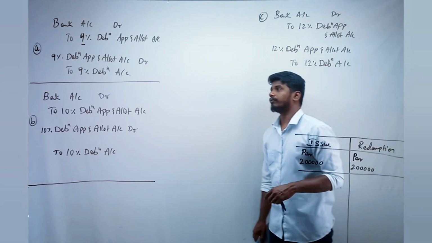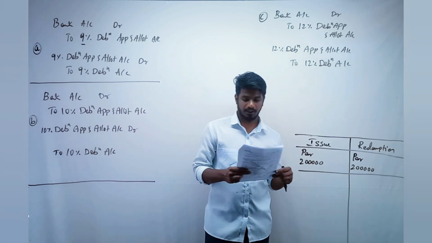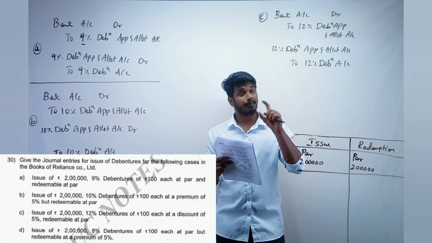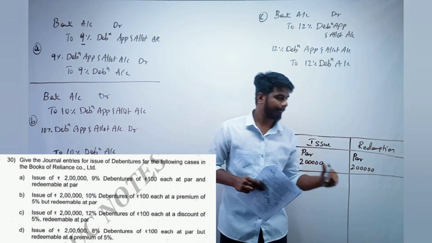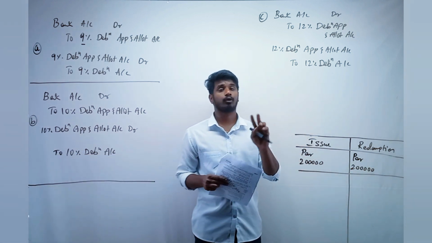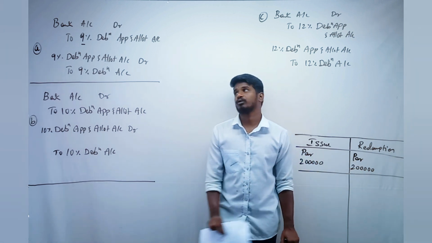Right, the first one we already solved it. So issued at par, you can read it once again. Issue of 2 lakh 9% debenture of 100 each at par, issued at par and redeemable at par. Correct. So par will be the same amount, whatever the given amount is there, the same. 2 lakh is given, 2 lakh on both sides.